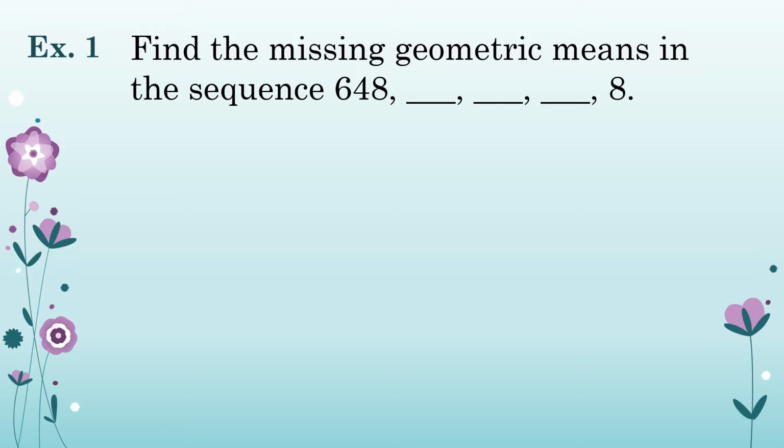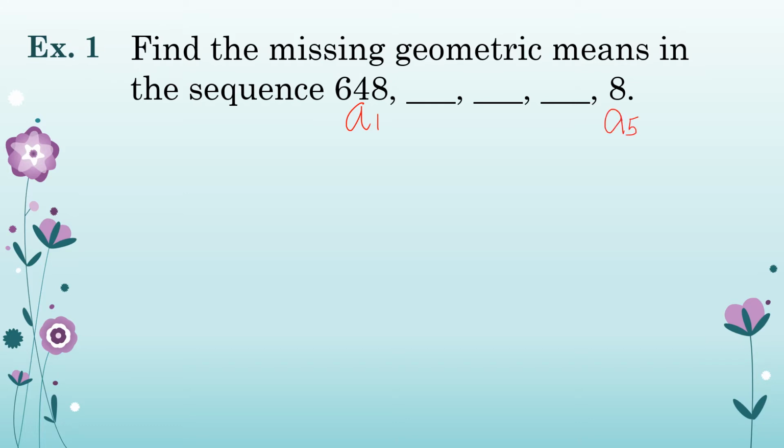So in this case, you are going to find 3 geometric means. How are we going to do that? First, let us identify what are the given. So we have here 648 is our a sub 1. And 8 is our a sub 5.